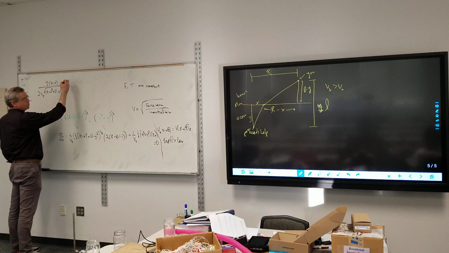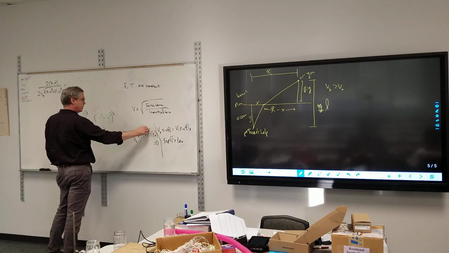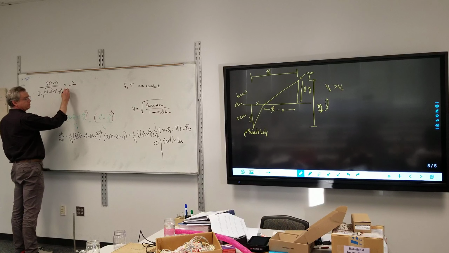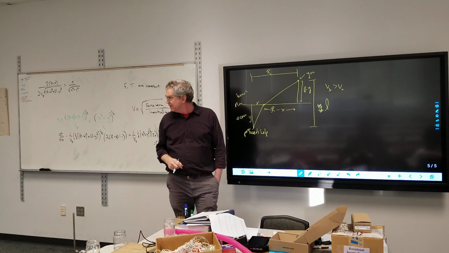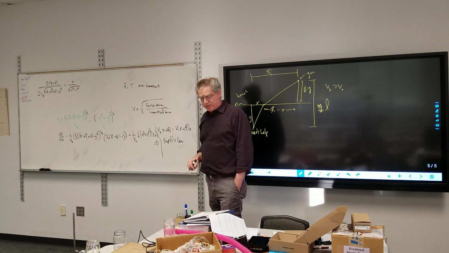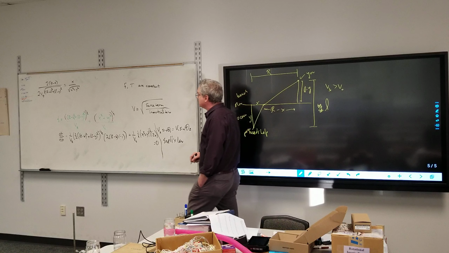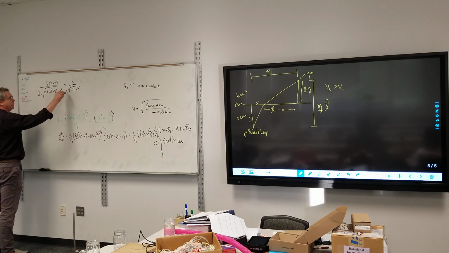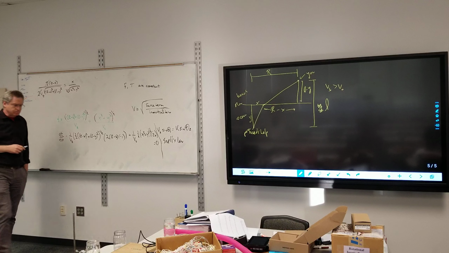The 2's will cancel out, so I'm left with x over the square root of x squared plus y squared. These would cancel out on the other side as well. Oh, and I lost my v sub o. Those two cancel.